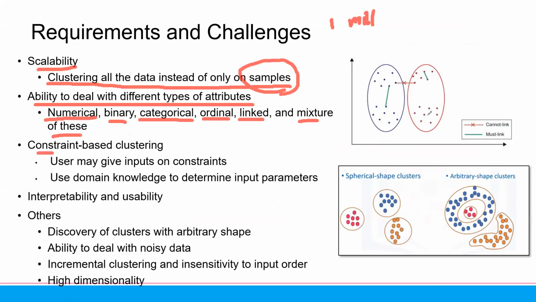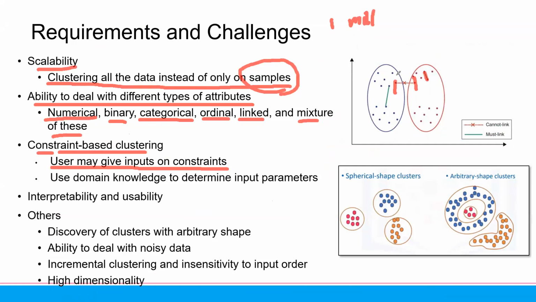So like this one, this and this cannot link. This and this must be linked. So we call this constraint-based clustering. Some users may give inputs on constraints. Maybe if we are dealing with a network, when you go to Europe, you cannot pass by Ukraine.